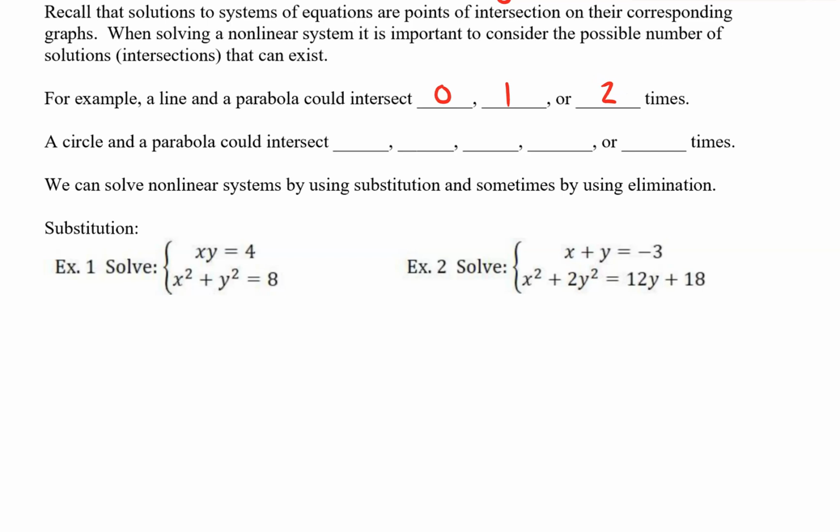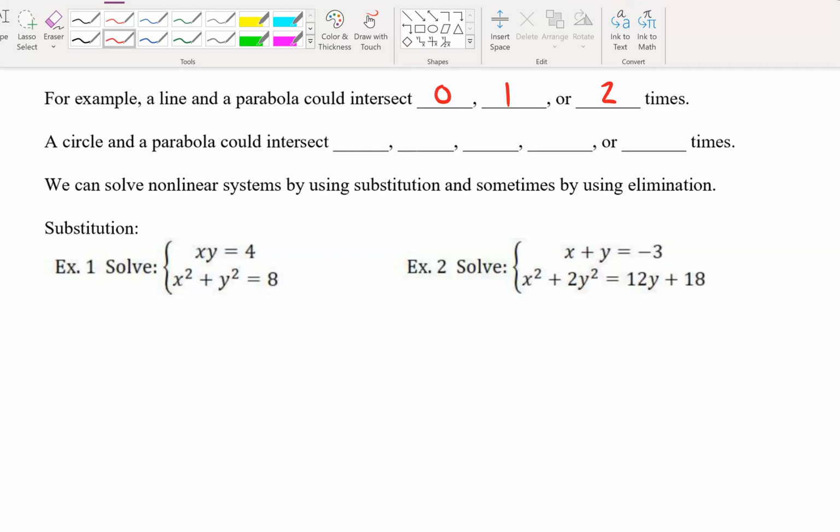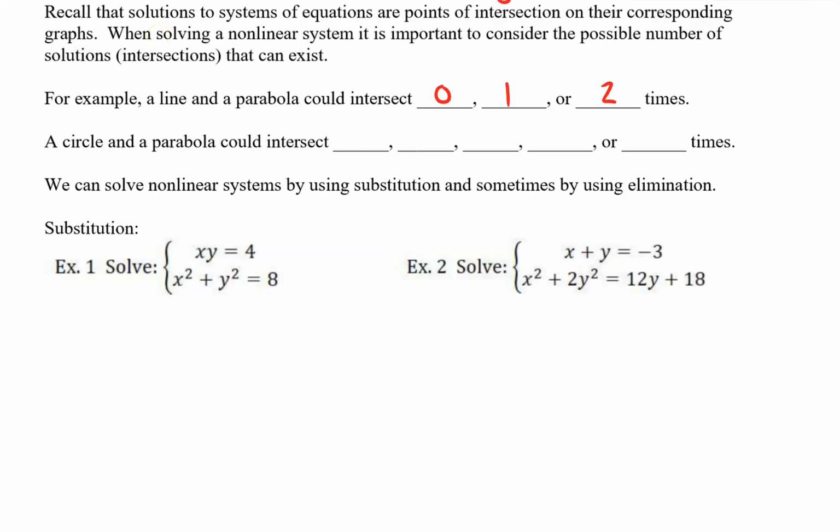Same thing with a circle. If we're thinking about a circle and a parabola, well, first of all, they may not touch at all, or the parabola is tangent to the circle, or you have the circle and then you have the parabola where it's just barely coming into the circle. There would be 2 points of connection.